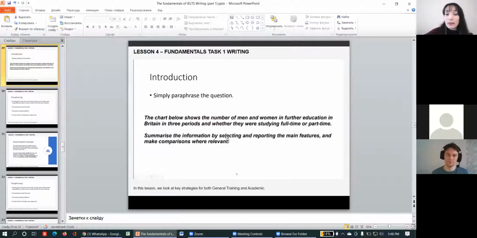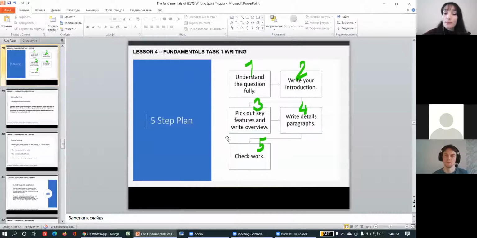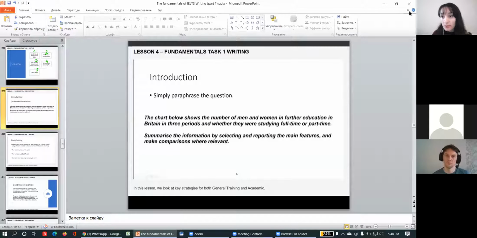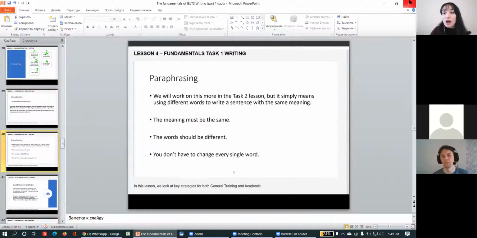You have to simply paraphrase whatever you see here, okay? So your task of writing the introduction includes paraphrasing of whatever you see here. Paraphrasing is saying the same thing with different words, okay? We will work on this more in the task 2 lesson, but it simply means using different words to say the same thing.